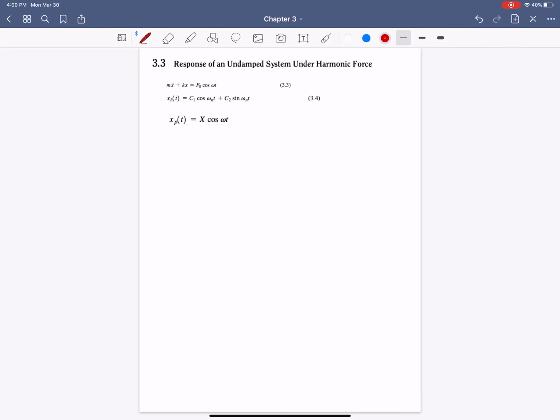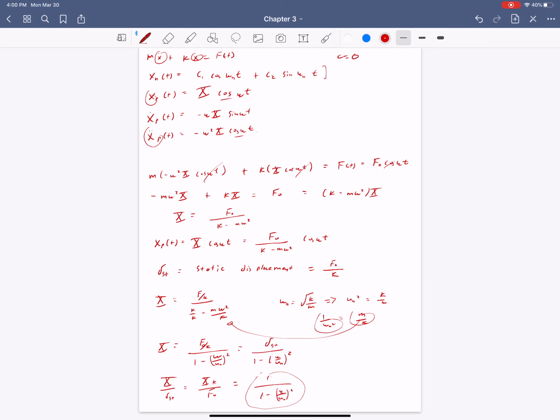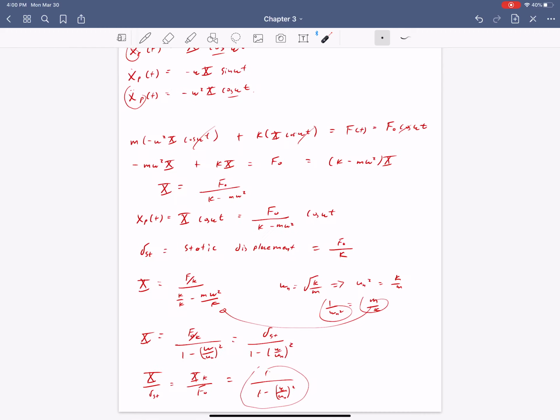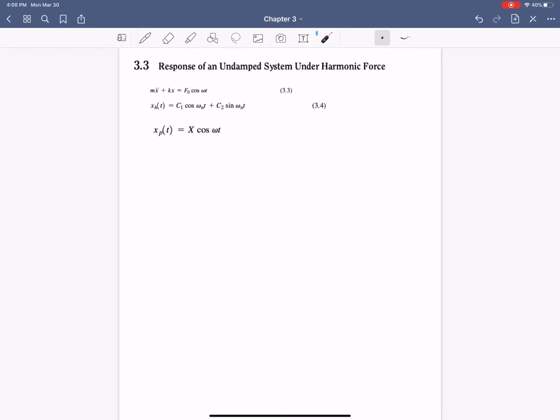So let's take a look at our total solution. Once again, this solution right here does not include any initial conditions, and those initial conditions are important to consider, especially for an undamped system. So x total of t is equal to the homogeneous solution plus the particular solution.